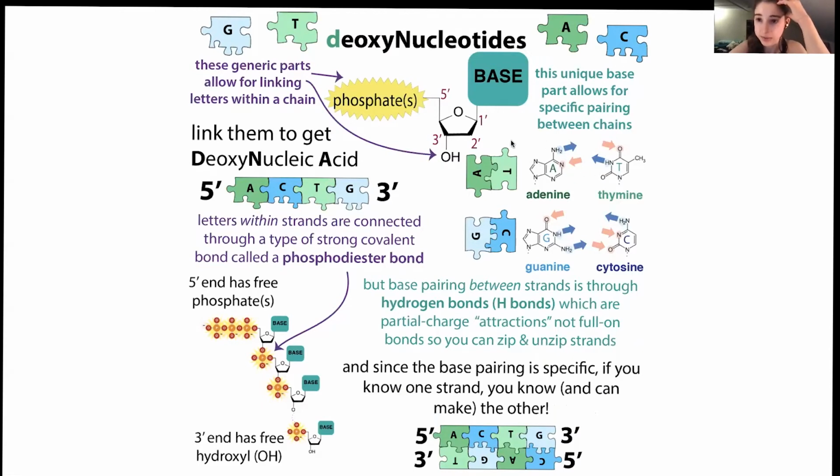So if it's an A in the template, you want to make sure you add a T. If it's a G in the template, you want to make sure you add a C. There's some different ways, and there's a little bit of dispute about the various specifics, but you have your template strand and the letter sticking in. Incoming nucleotides can just come in, and if they match, they will stick long enough to have this reaction happen. And if they don't match, they'll just fly away.